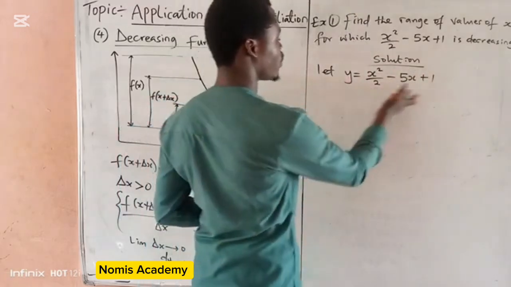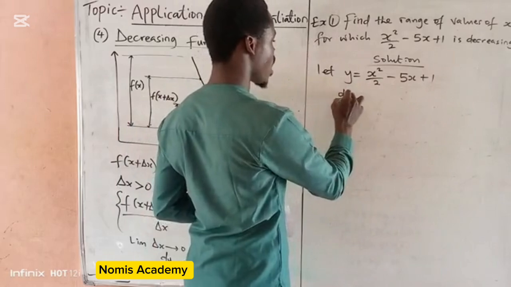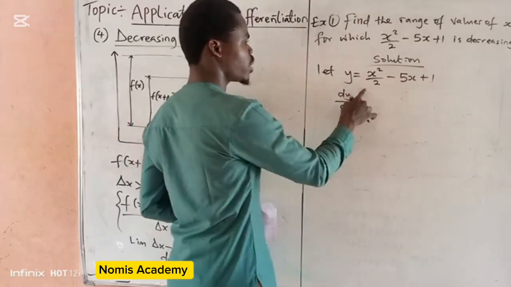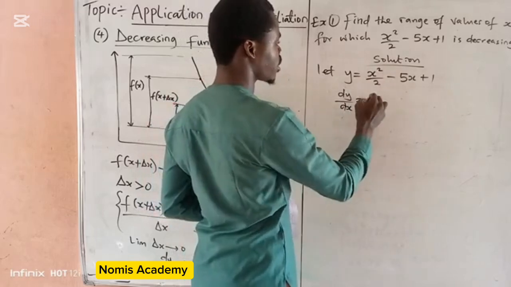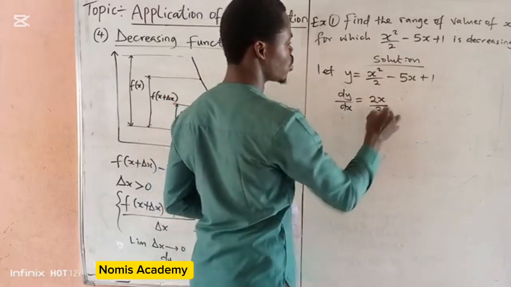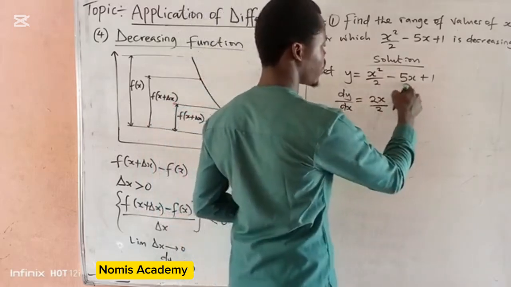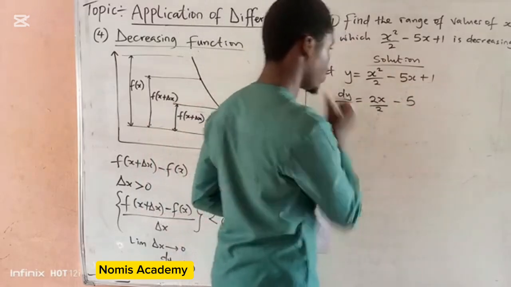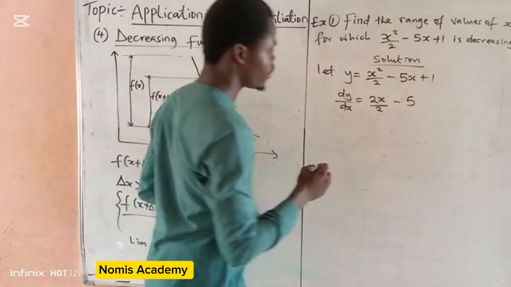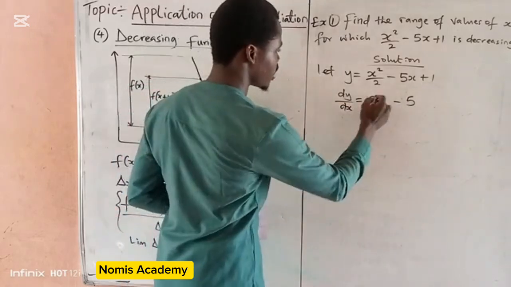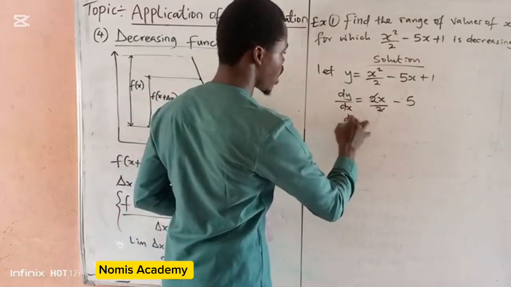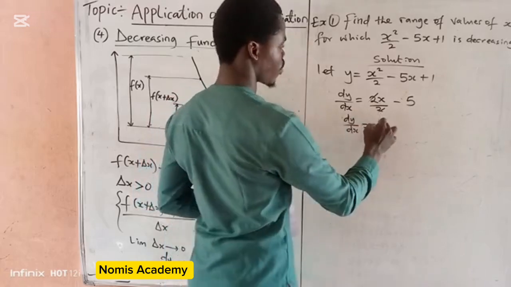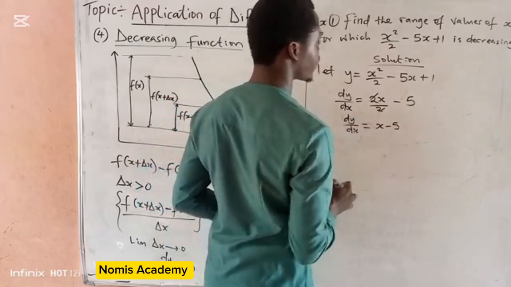Now we find the derivative of the function, which is dy over dx equal to the derivative of x squared over 2, which is 2x over 2, minus the derivative of 5x, which is 5, and the derivative of 1 is 0. To proceed further, we simplify this. 2 cancels 2, so dy over dx is equal to x minus 5.